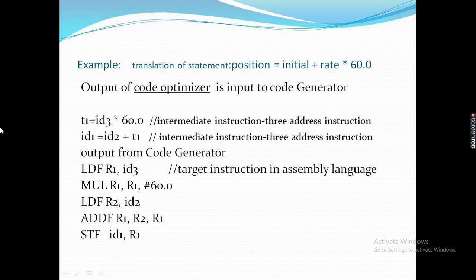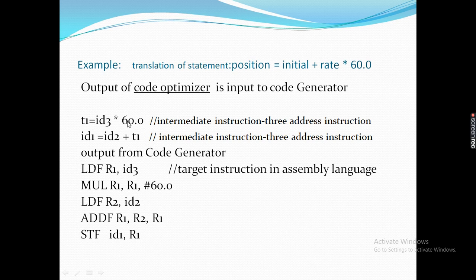For example, in the beginning of the semester, we have translated an assignment statement. The statement was position equals initial plus rate into 60. This was the statement we have translated, right? For this statement, the code optimizer has produced these two intermediate instructions.